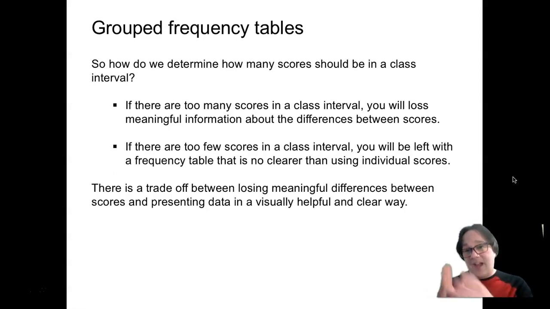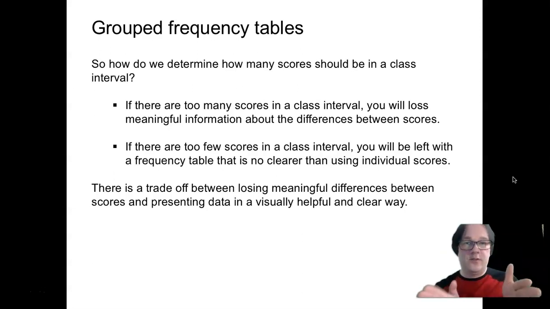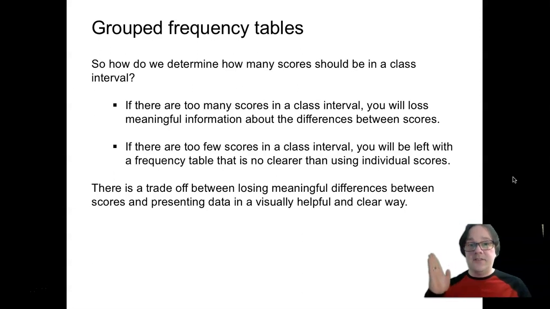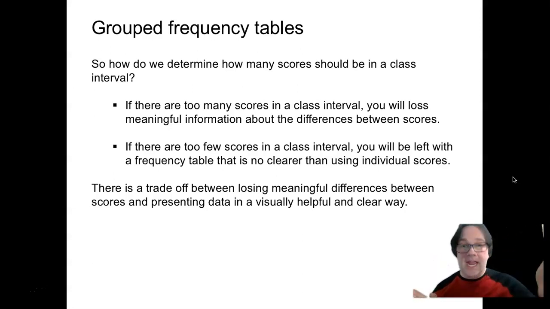You know, should I put 5 scores in a group? Should I put 6 scores in a group? Should I put 10 scores in a group? There's some things that we should consider, let's say. So if there are too many scores in an interval, then we kind of lose any meaningful information about the differences between the scores. Let's say we're going to do 20 scores in a class interval, that means if you scored a 60 to an 80, you're all counted as one group.